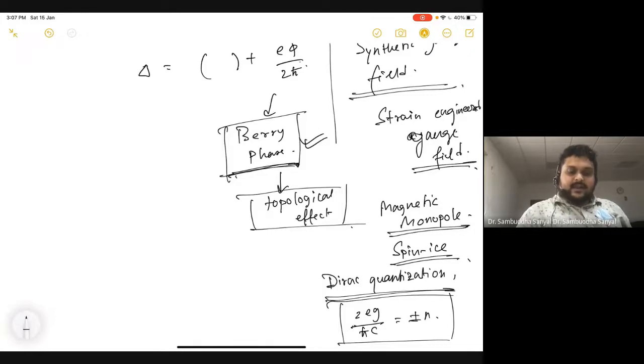Now, we know that electric charge exists, and electric charge is quantized. All electric charge in nature is a multiple of the electron's electric charge, right? Electric charge is quantized, but there is no theoretical explanation for that. To explain it theoretically, you need a magnetic monopole, but we know there is no magnetic monopole. So this is an outstanding puzzle, and you can look into this topic as well.